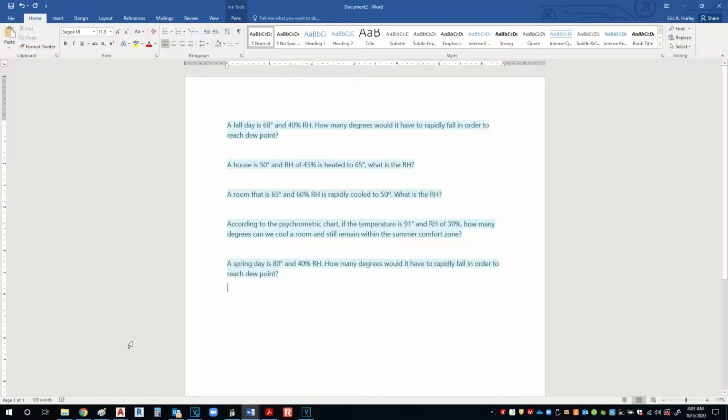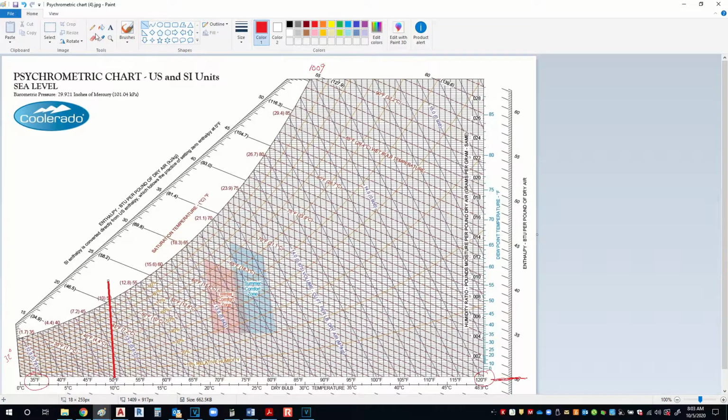All right, and we have a relative humidity of 45. So we have 40 at this point, and this is 50. So 40 to 50, and right here in the middle is going to be 45. So at this point we have 45%.